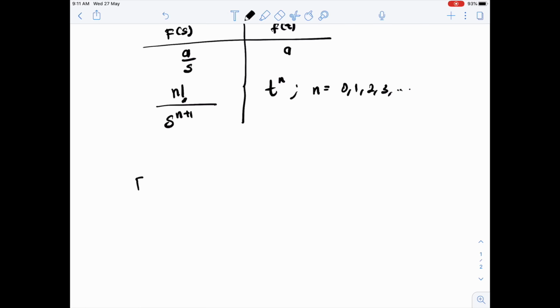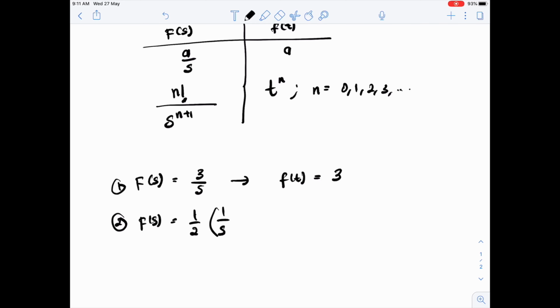For example, if you have the function F(s) as 3 over s, directly you will get the function f(t) as 3. Let's say you have another one, the function F(s) equal to 1 over 2 times 1 over s.